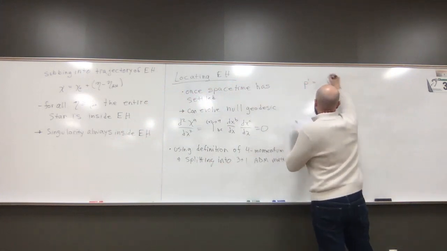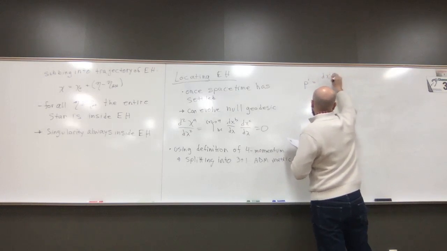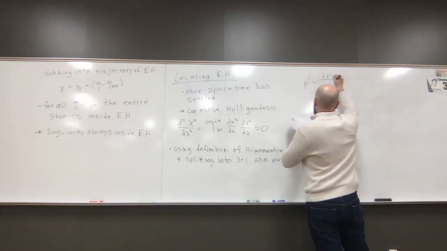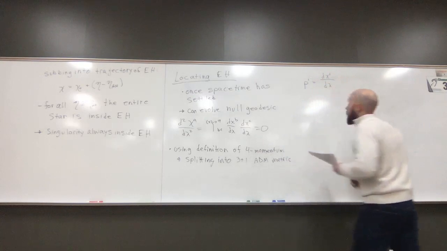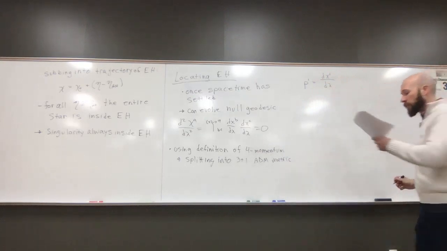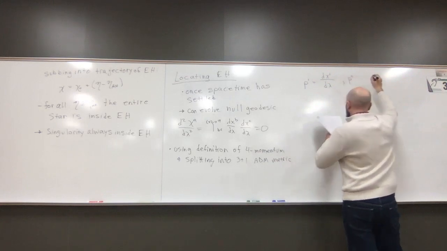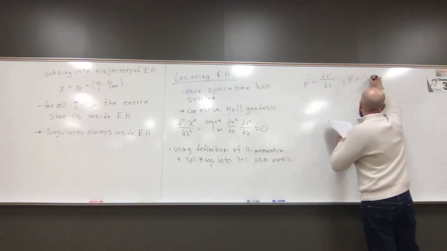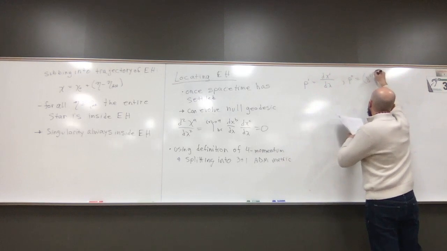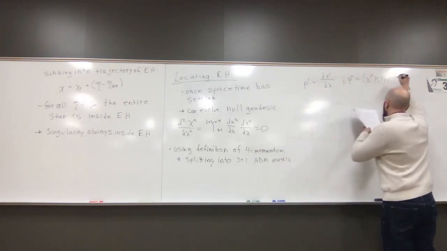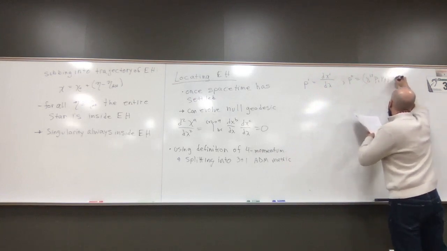The spatial components of the momentum are, by definition, the derivatives of the coordinates with respect to the affine parameter that we're differentiating along the trajectory that I care about. And then the time component of the momentum is our spatial metric, gamma^ij p_i p_j, to the 1/2, all over the lapse.